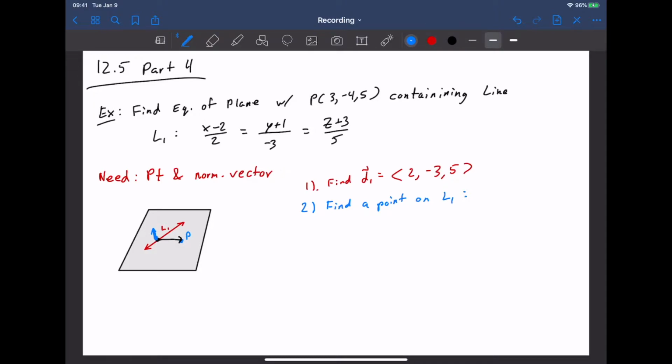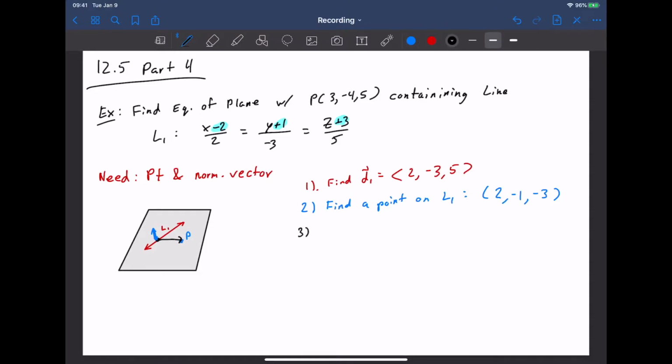What if I told you a point was (2, -1, -3)? Do you see where I got those numbers from? I'm not just making stuff up. These numbers up here in the numerators are exactly coming from some sort of standard form where we used a point and a direction vector. This should sound familiar. If it's a little tricky, go back and watch the earlier videos for this section.